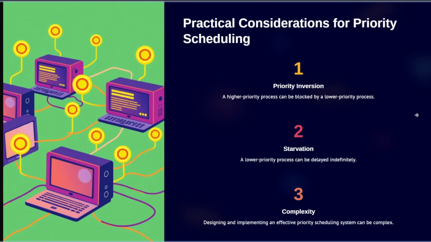Priority scheduling is a powerful technique, but its effectiveness depends on careful consideration of system requirements, task characteristics, and environmental constraints. Addressing these considerations ensures robust, predictable, and efficient system behavior.